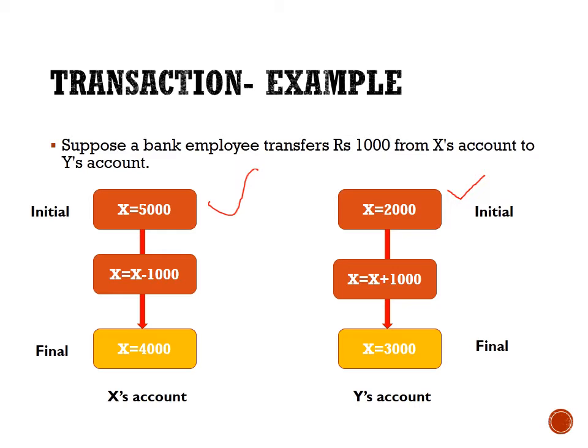After this, you have to credit that amount 1000 to account Y. Now the balance of Y is 3000. These final values, 4000 and 3000, of accounts X and Y must be written back to the disk. And this is a simple example of a transaction.